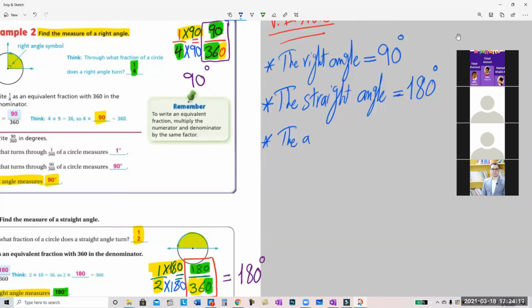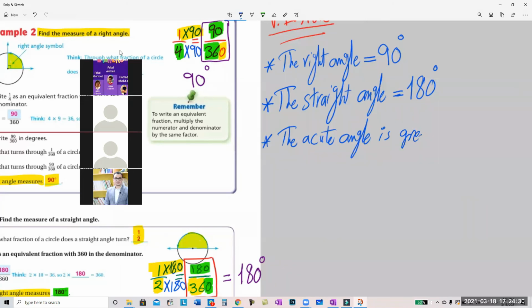The acute angle is greater than 0 degrees and less than 90 degrees. Write this, please. It's so important, notes, guys. You have to keep it in your mind.